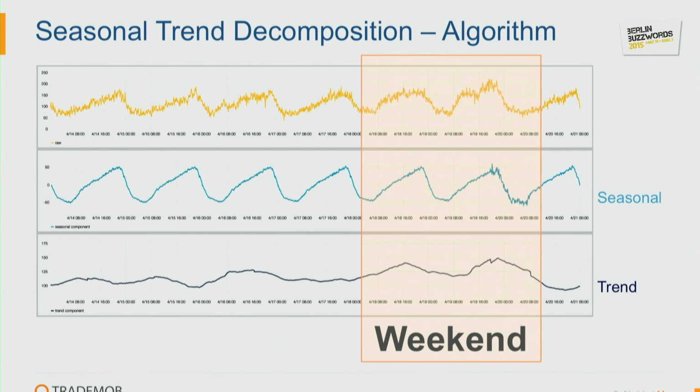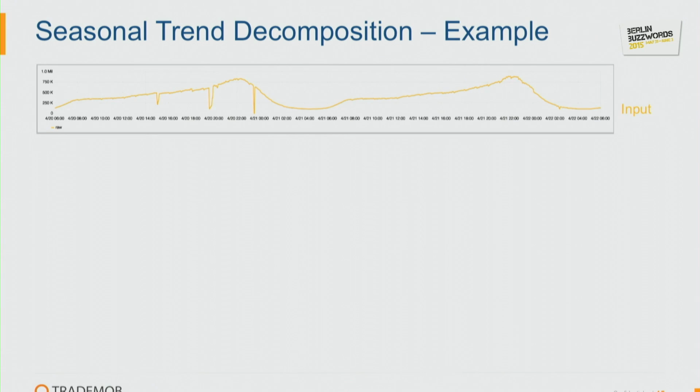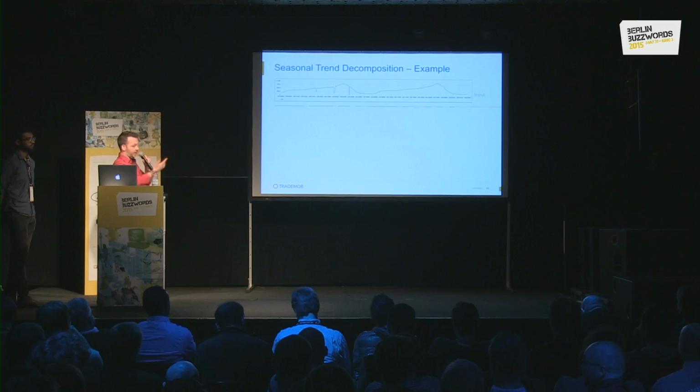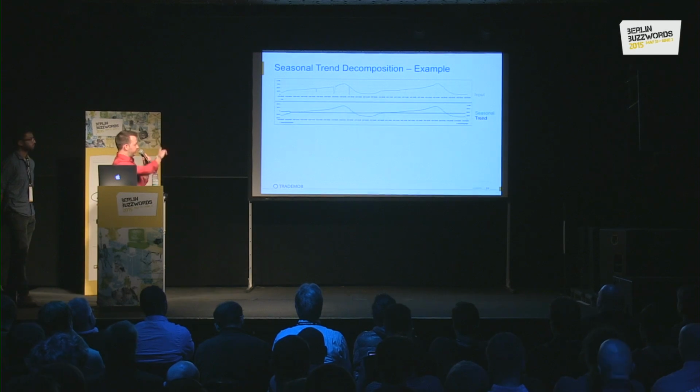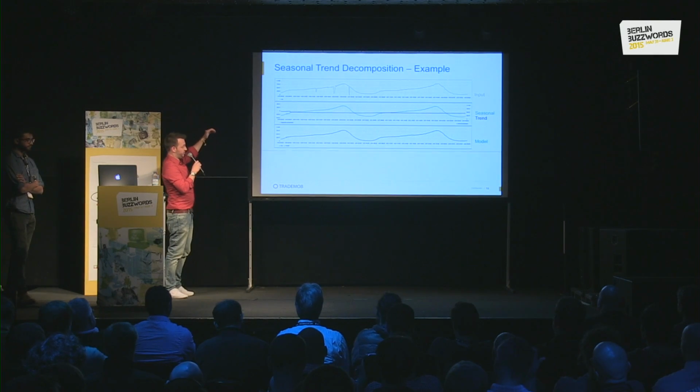How do we use that? Another example, so incoming requests for 2 days again. And we now apply the algorithm and decompose this time series and generate those two time series, seasonal and trend part. And you can just add them up now. So you can create a model of your incoming service metric.